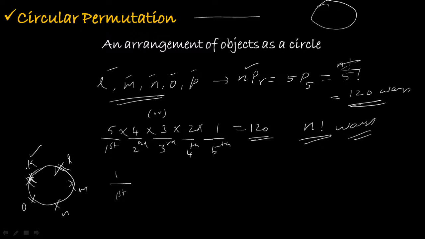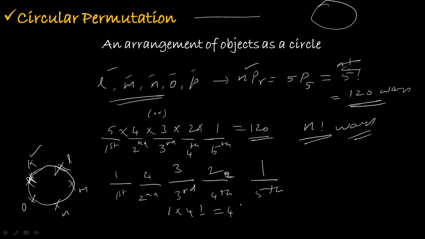For the second position we have 4 possibilities: either L, M, N or O. In the third position we have 3 possibilities, in the fourth position we have 2 possibilities, and for the fifth position we have 1 possibility. So the total number of arrangements is 1 product 4 3 2 1, that is 4 factorial.